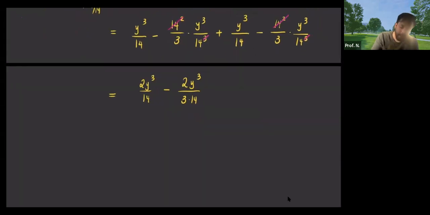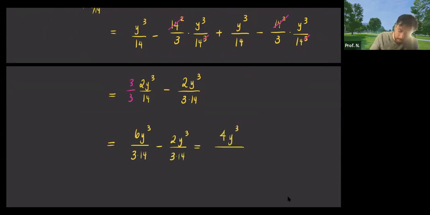Okay. And then I can multiply it here by 3 over 3 to have the same denominator. So this becomes 6y cubed over 3 times 14 minus 2y cubed over 3 times 14. And I get 4y cubed over 3 times 14. And I can simplify this: this would be a 2, this would be a 7.